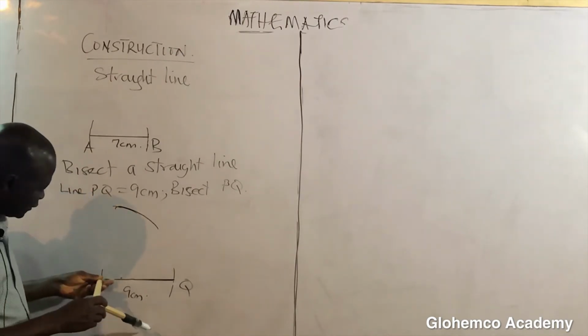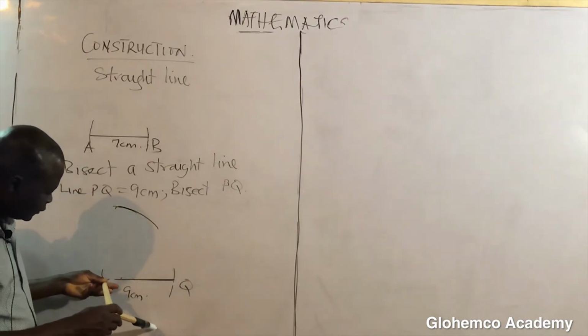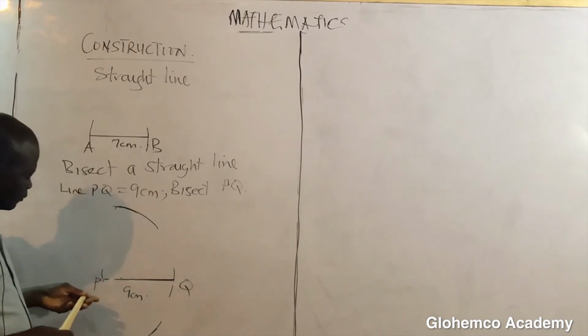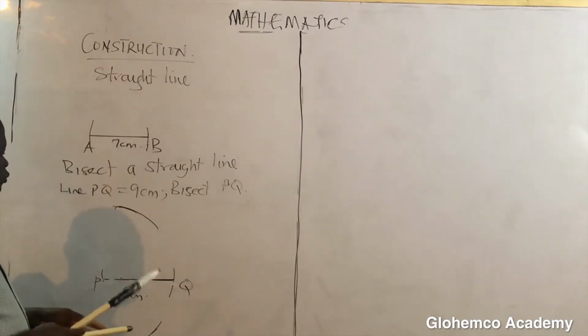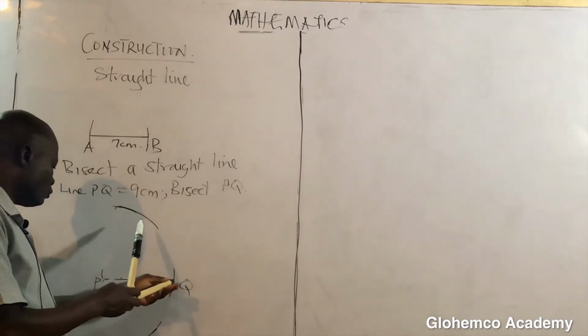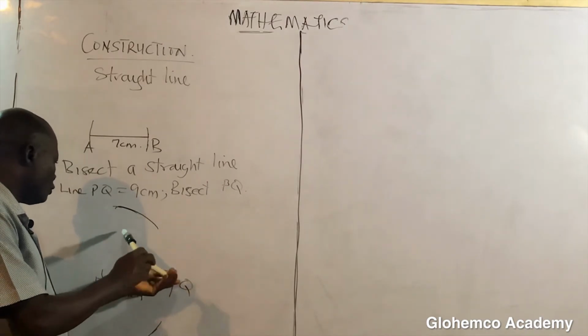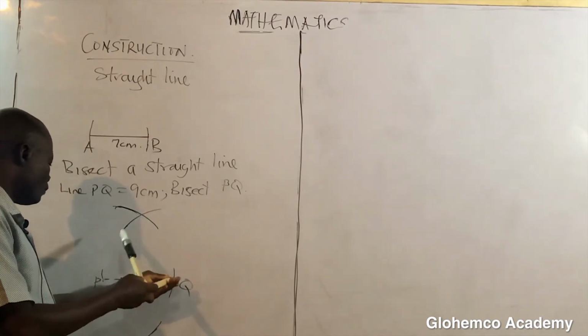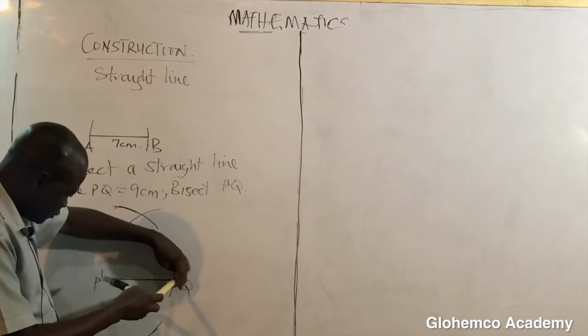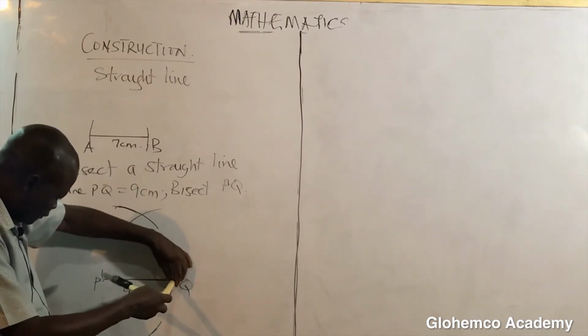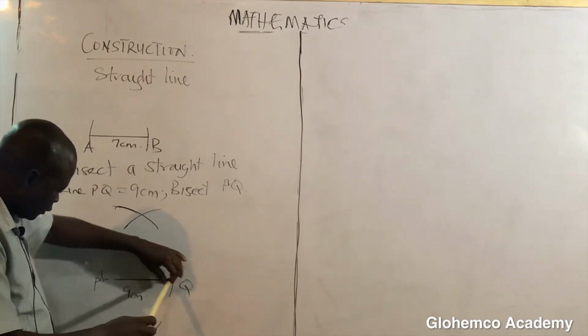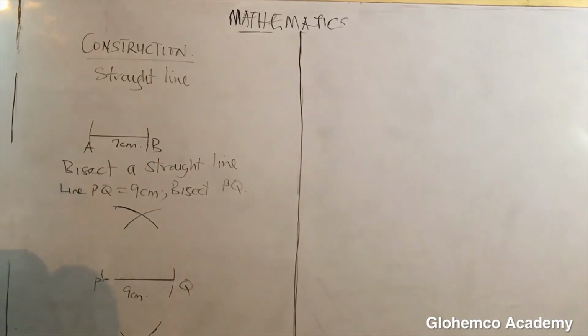Then you come to Q. At Q, you mark an arc, and at Q here again, you mark another arc.